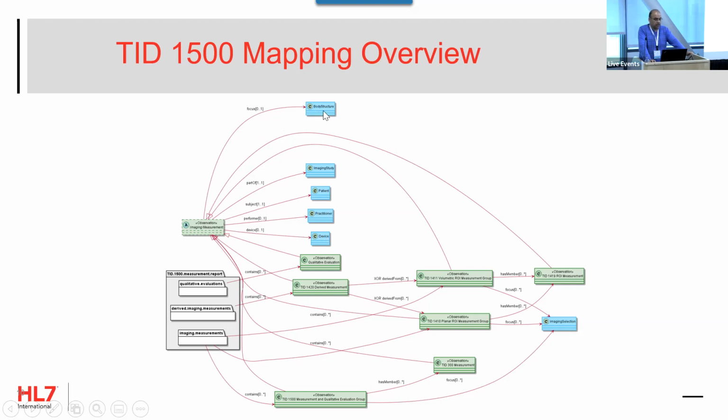As I mentioned, this is very important: the body structure is the one that will identify the area of interest or the real world entity that we want to track over time.